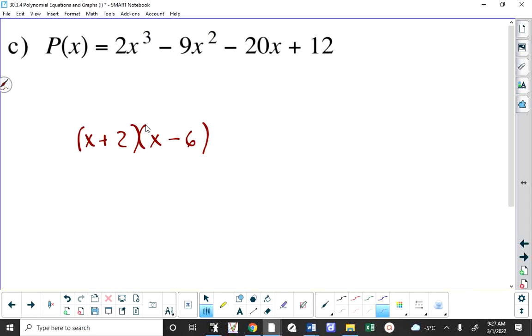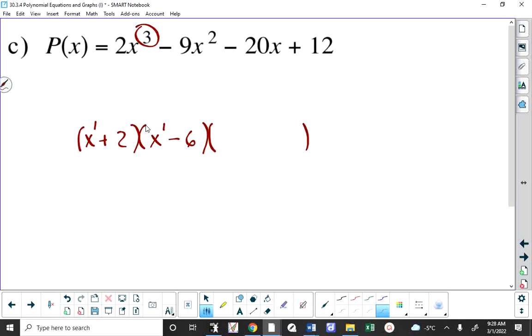Now, I don't need to look at the graph to complete this question, because since this is a degree 3 polynomial, if it has 2 factors that are linear, meaning 2 factors that have a degree each of 1, and I have to multiply together those 2 factors with whatever else is there to get a degree 3, there must be a third factor.